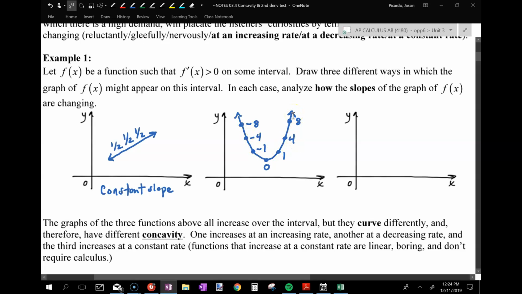Now, when I ask you how the slopes are changing, aren't I describing a second derivative? Because what is a slope? Well, these numbers that are on here are the way that the actual curve changes, right? First derivative. But when I ask you how the slopes are changing, change of slope, second derivative. Is that cool? Now, how else could it look? Well, it could look like this.